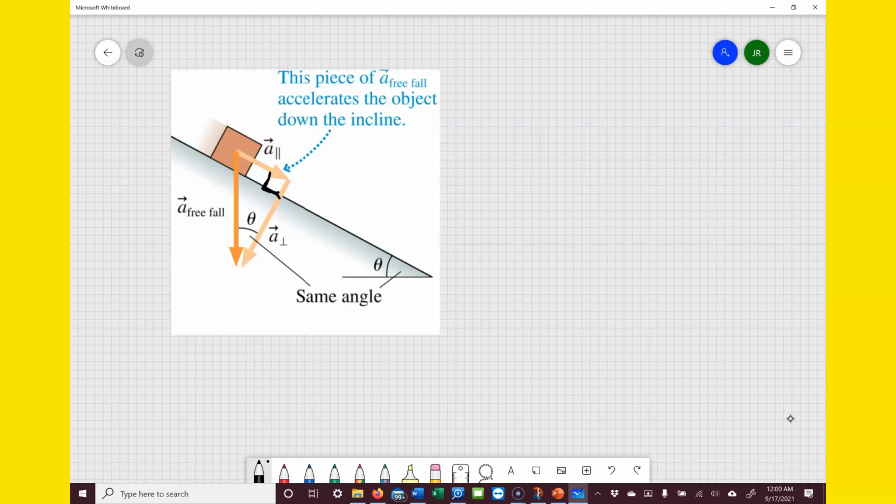Alright, theta is the angle the incline makes with the ground. If we can put that same angle somewhere on this triangle, it is going to go here.